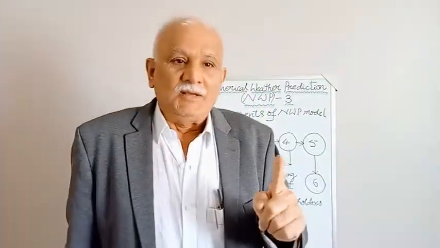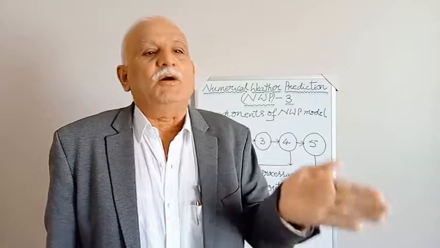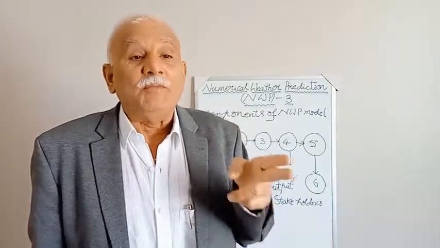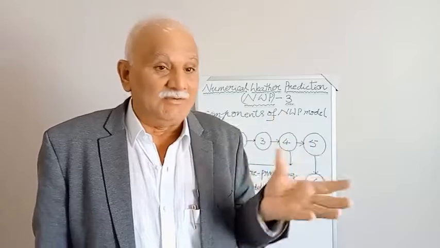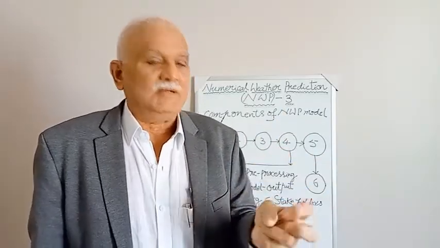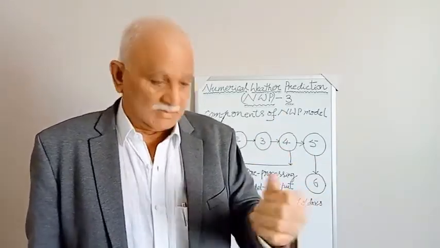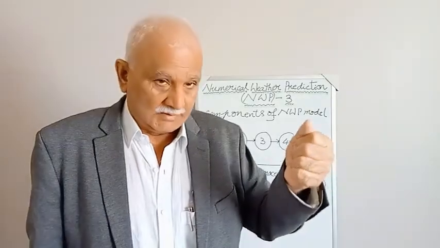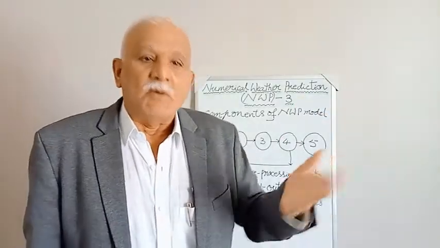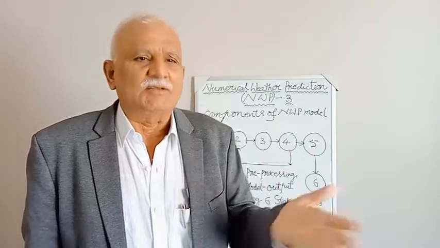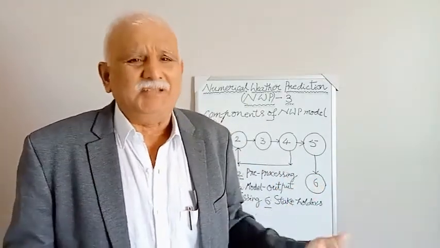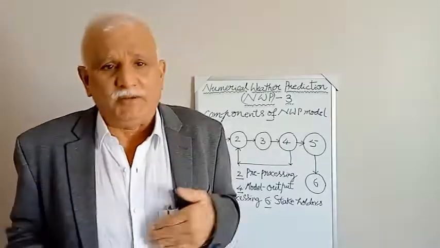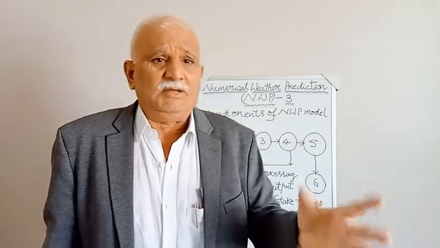Now, the dynamic system is the one which evolves over time, number one. Number two, the variables should follow certain rules, certain laws, like conservation of momentum, conservation of mass, conservation of energy, basic gas laws. We agricultural meteorologists are expected to know only that.